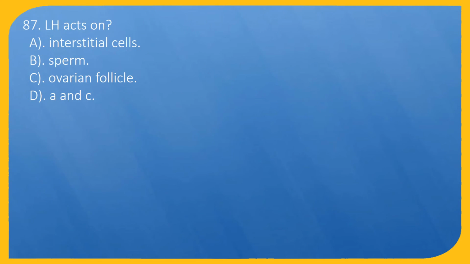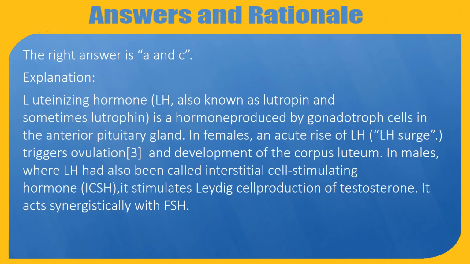Question 87. LH acts on: A. Interstitial cells. B. Sperm. C. Ovarian follicle. D. A and C. The right answer is A and C. Explanation: luteinizing hormone, LH, is a hormone produced by gonadotroph cells in the anterior pituitary gland.